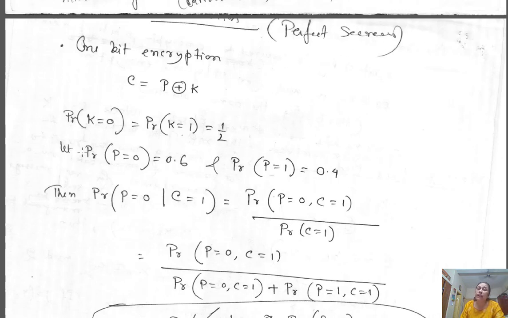You will have 4 probabilities here: probability of P equal to 00, 01, 10, 11. You give a distribution of the probabilities. If you take the sum, it should be 1. So give the distribution according to your own preference and check whether 2-bit encryption gives you perfect secrecy or not.